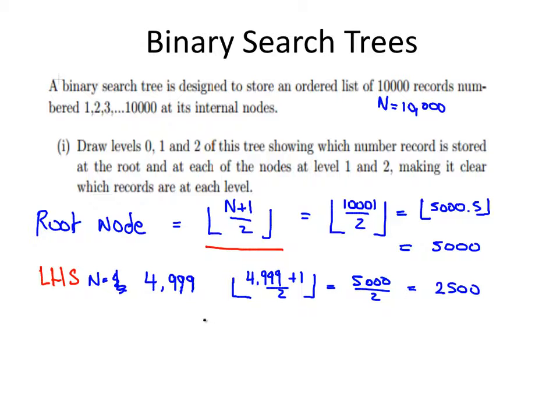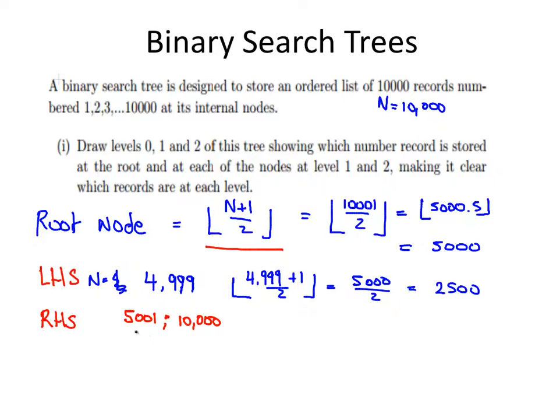The root node of the subtree on the right hand side is found in much the same way. There, the first node is 5,001 and the last node is 10,000. So there are actually 5,000 nodes, and it's essentially the 2,500th node between these two.